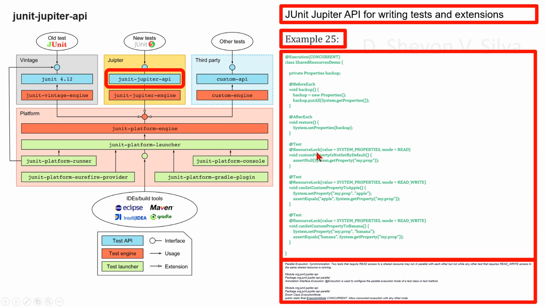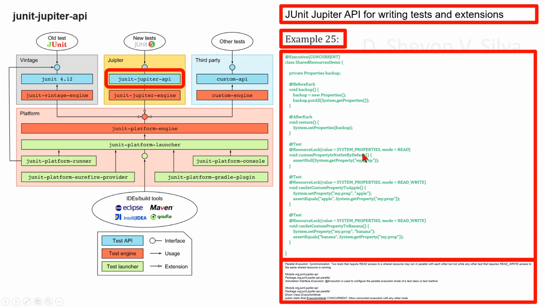The shared resource is identified by a unique name, which is a string. The name can be user defined or one of the predefined constants in Resources: SYSTEM_PROPERTIES, SYSTEM_OUT, SYSTEM_ERR, LOCALE, or TIME_ZONE.